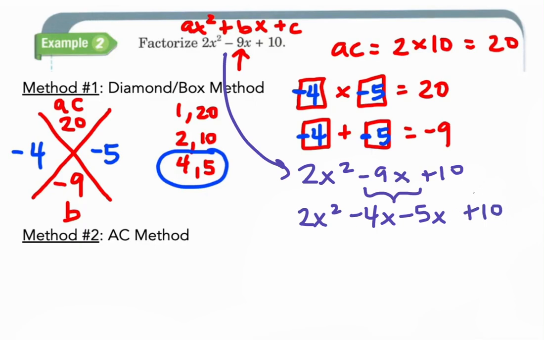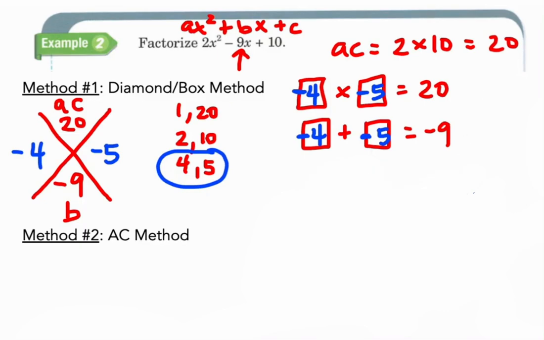Because remember, the whole point of all this is to break down that middle term so that we can then find the original factors, kind of like what we did previously when we were looking for patterns. Okay, so what we're going to do in the diamond box method is we're going to rewrite this, but in a Punnett square.